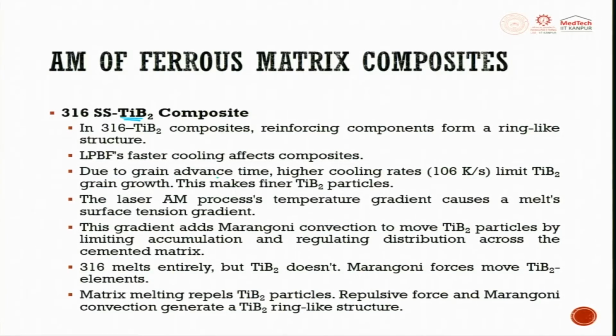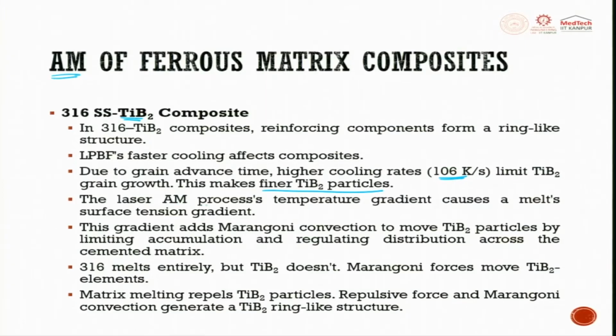Due to the short time available for grain growth, the higher cooling rate, which goes up to 10^6 Kelvin per second, limits TiB2 grain growth. This makes finer TiB2 particles. If you want to make finer TiB2 particles, this is one of the easiest and fastest ways of making them. Today, there is a lot of research going on in the area of additive manufacturing and metal matrix composites.